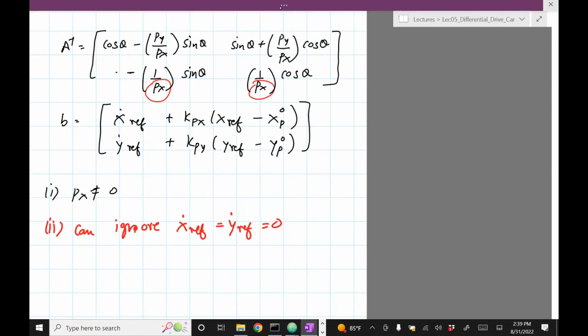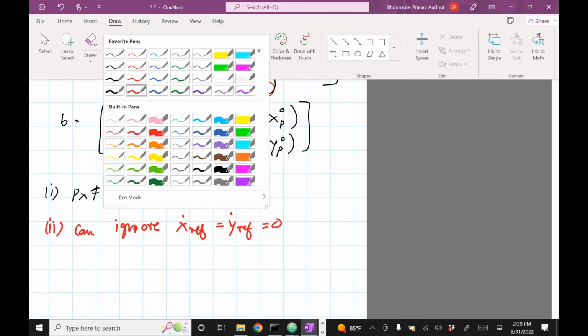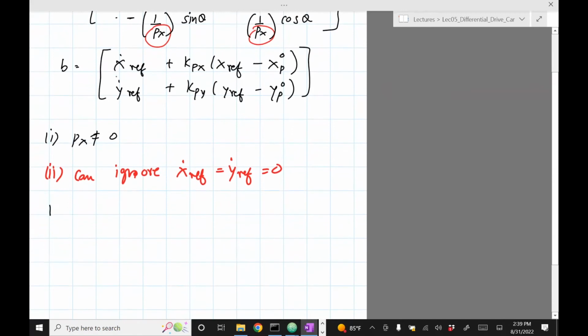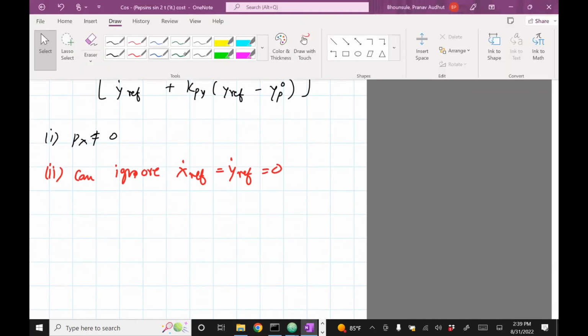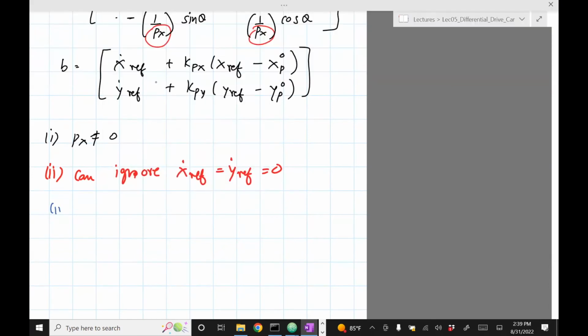This part is the feedback part. If you're learning controls, the feedback is coming because of this term, and kpy times y ref minus y p.